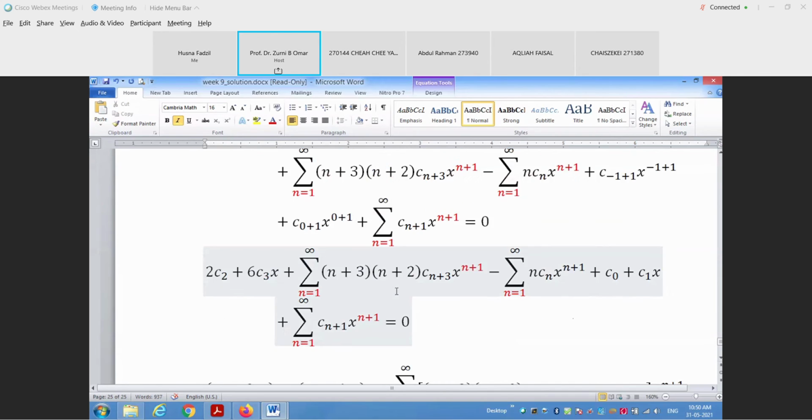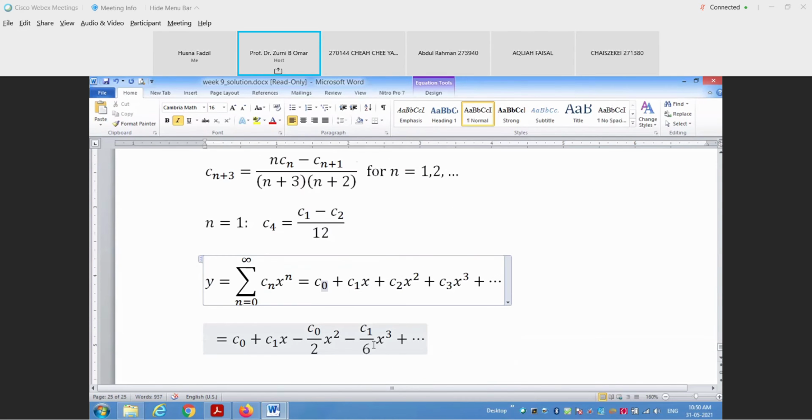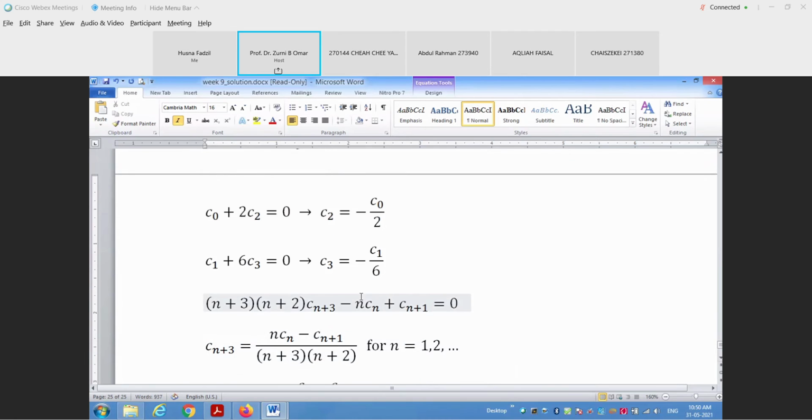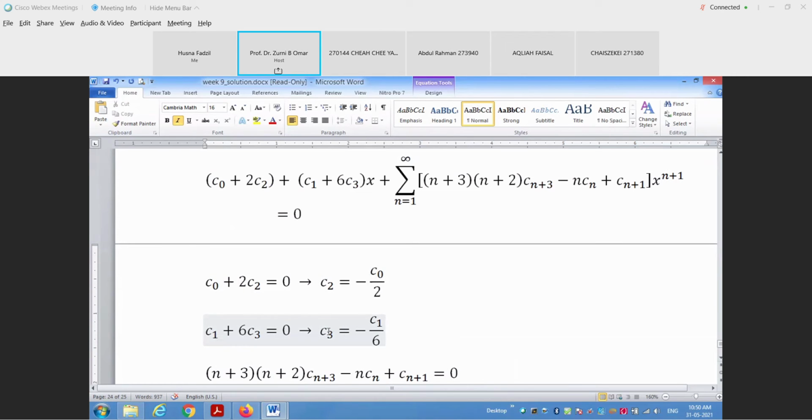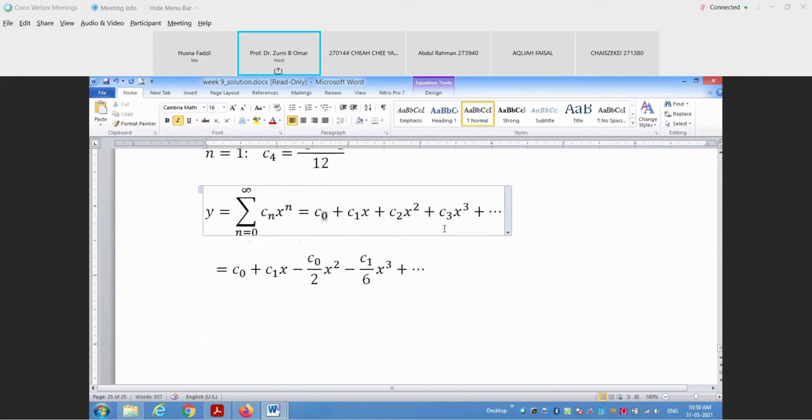C2 equals minus C0 over 2, so we replace C2 with minus C0 over 2. And then C3 is equal to minus C1 over 6, so we replace C3 with minus C1 over 6. So these are the four non-zero terms.